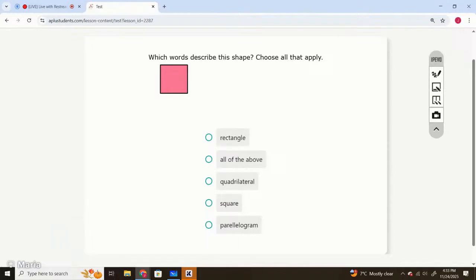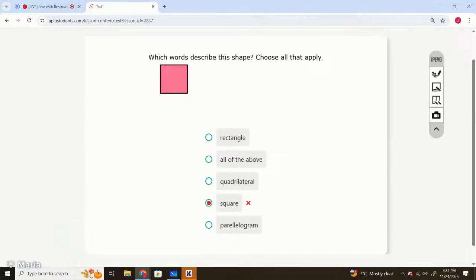So which is the correct option? That is a square.